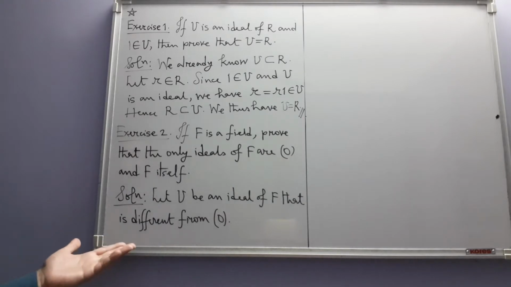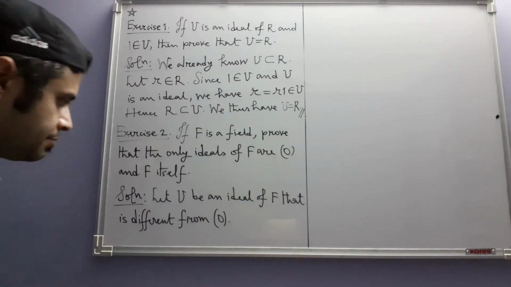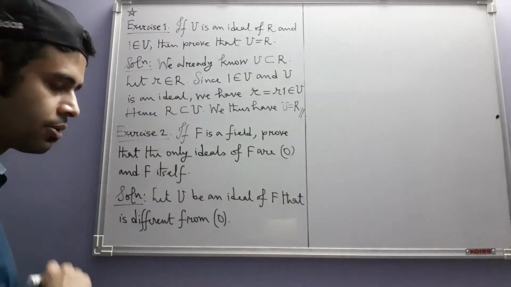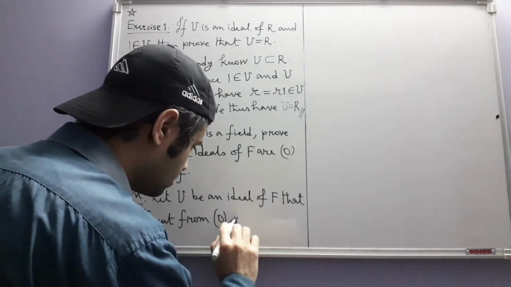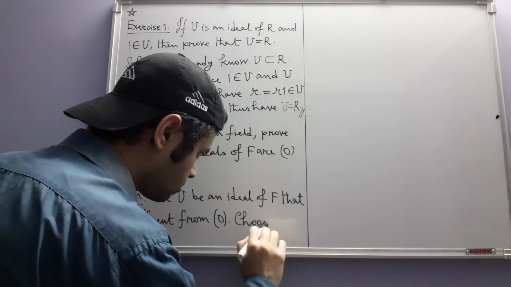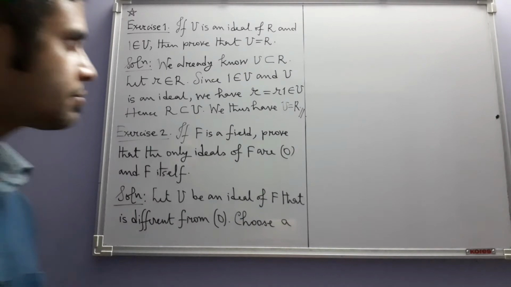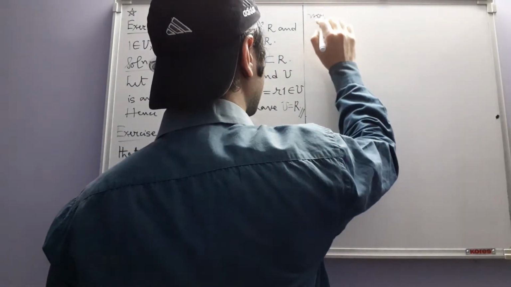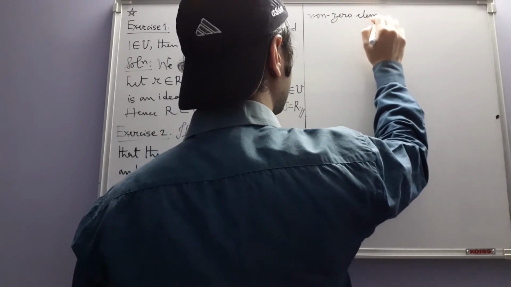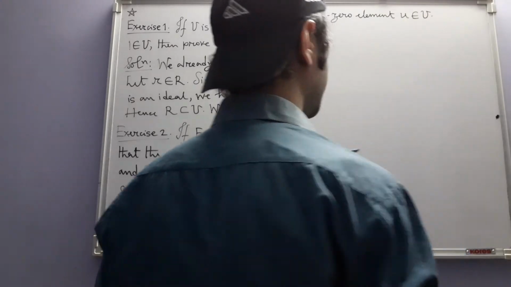So our aim now is to prove that U is nothing but equal to F. So since U is not the zero ideal, there will be a non-zero element in U. Choose a non-zero element small u in capital U.